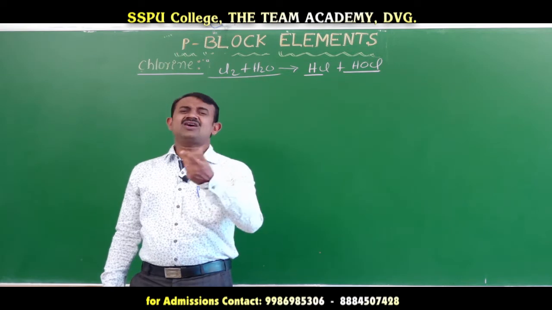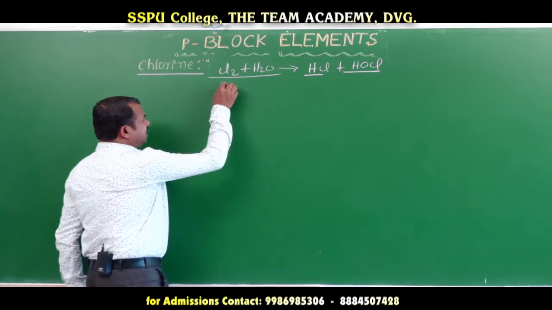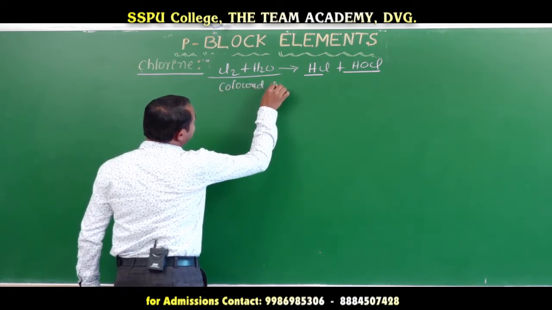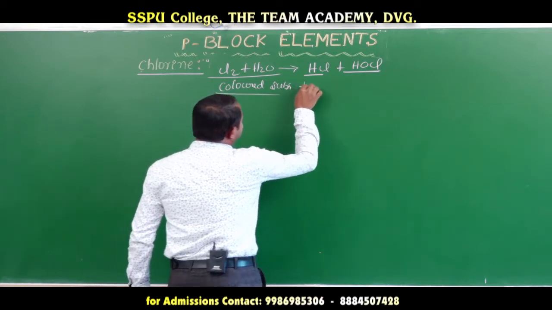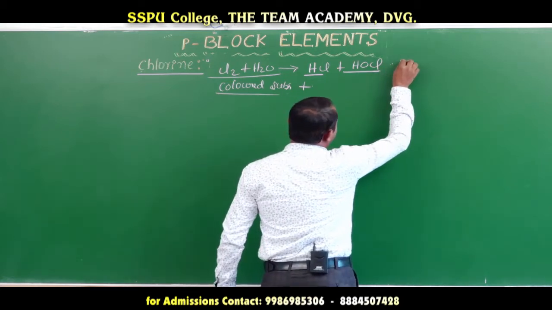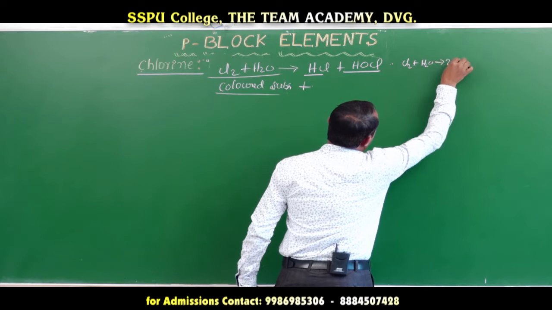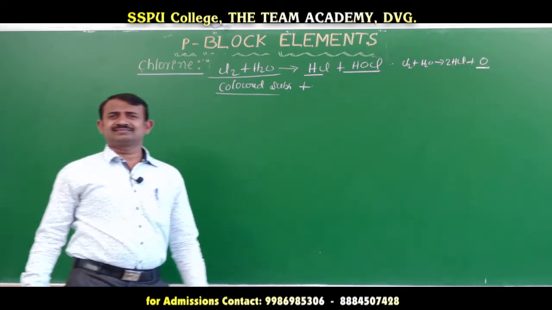It releases nascent oxygen. When a colored substance is there, chlorine reacts with H2O to form 2HCl and releases nascent oxygen.